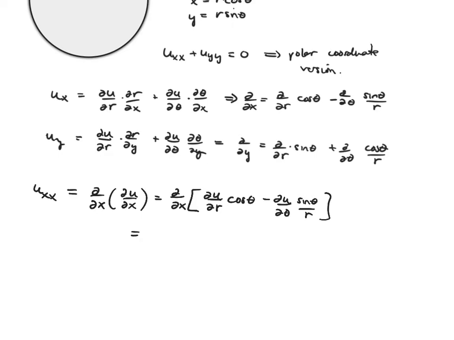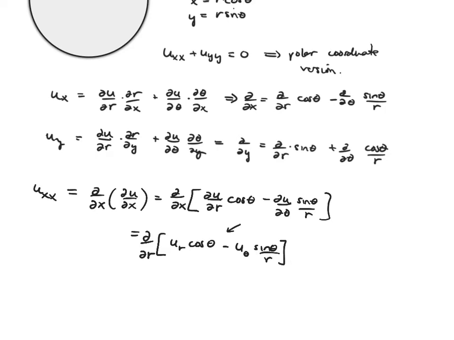All right. Now I apply the x derivative operator again on this new argument, on this argument here. Okay? I'll get rid of that. It looks confusing. All right. So it's the derivative with respect to r of all this, which I'll write as u_r cos theta minus u sub theta sine theta over r.